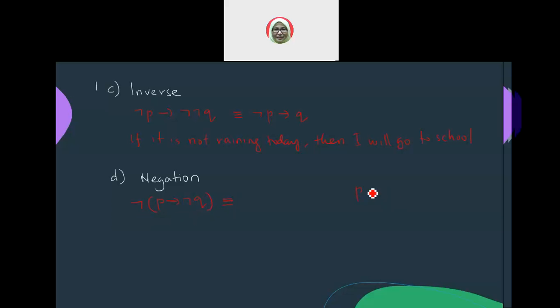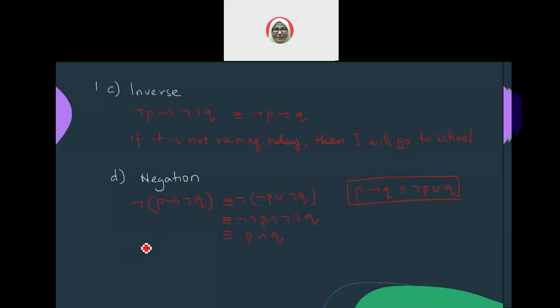Remember this formula: P implies Q is equivalent to not P or Q. So let's follow this formula. Not (not P or not Q), and then simplify this, open the bracket: P, change or to and, not not Q. So this equals P and Q.